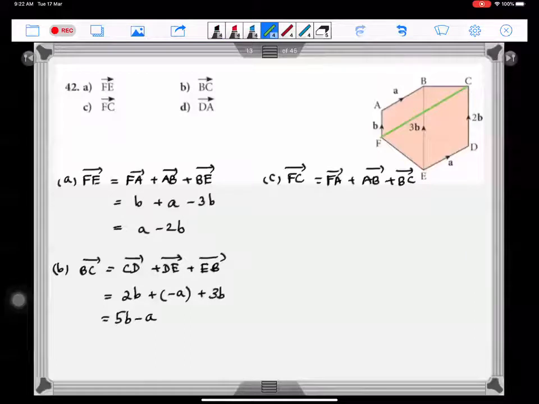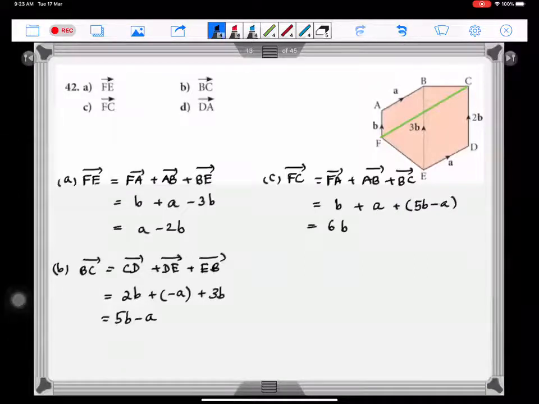So therefore, FC would be FA is B, AB is A, BC, I think we found earlier, that is 5B minus A. So therefore, A would cancel, and this would come out to be 6B.